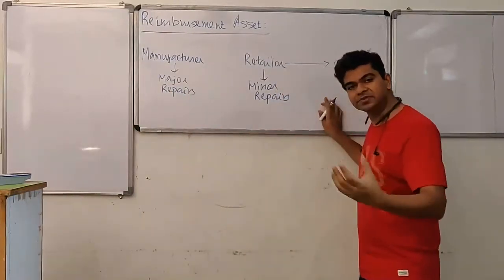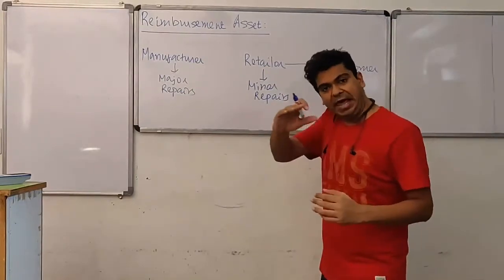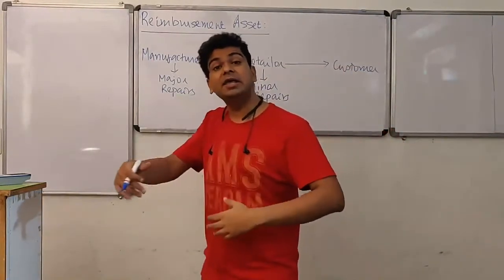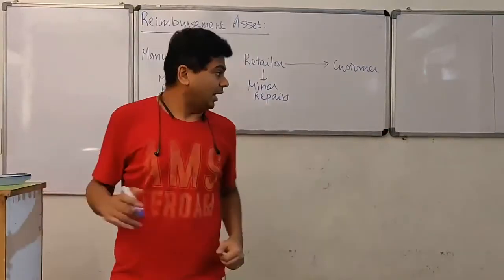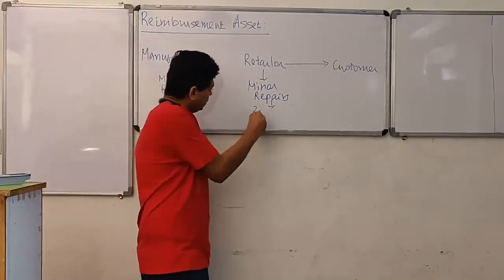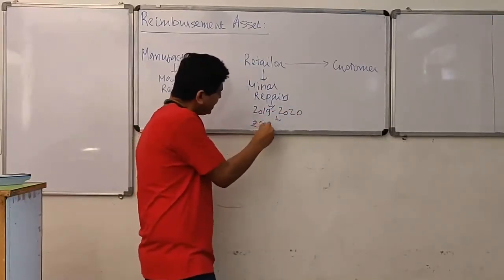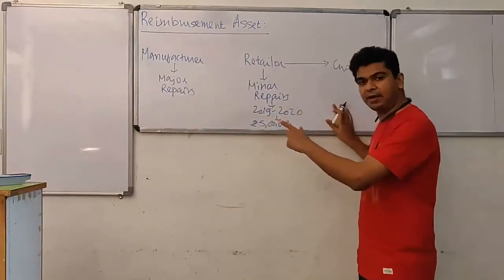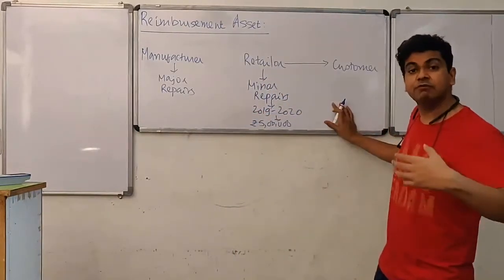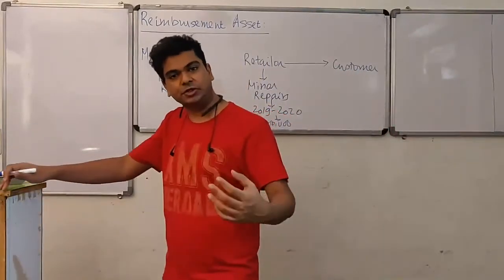So you know what happens? The retailer will carry out the minor repairs and then it will demand a reimbursement of the same from the manufacturer. Let us say in the year 2019-20, the retailer has incurred, let's say, rupees 5 lakhs of minor repairs. These 5 lakhs of rupees are required to be reimbursed by the manufacturer.